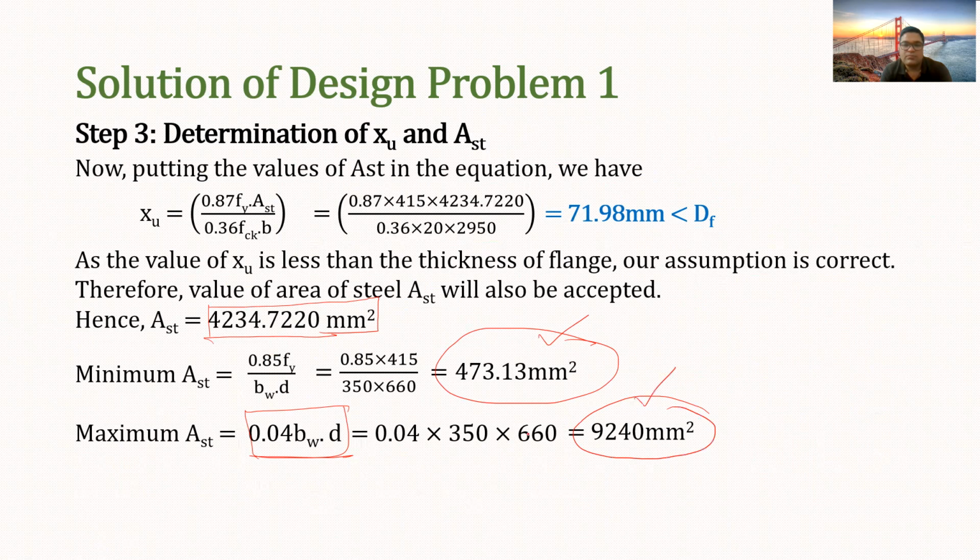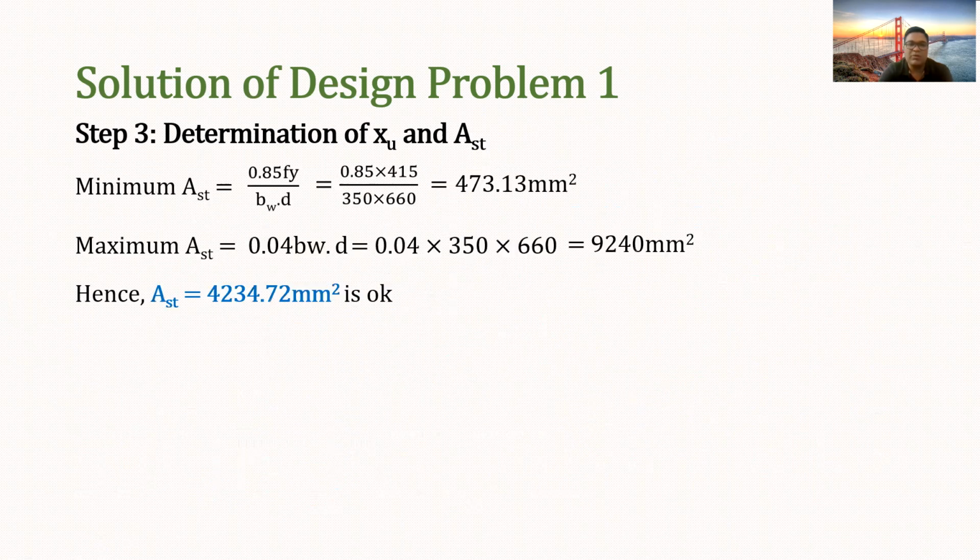You can see the value calculated is more than the minimum value and less than the maximum value, so our area of steel is okay. Now we have to convert this area of steel into the number of bars. We have to select the dia of bar such that the total area is around this value 4234.